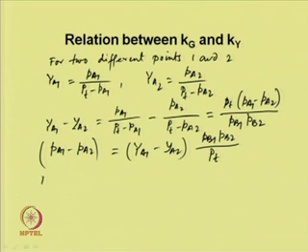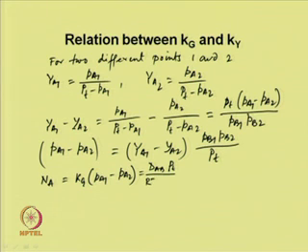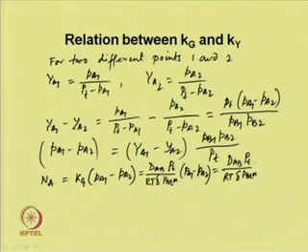Now, we know that flux Na is equal to Kg Pa1 minus Pa2 is equal to dAb Pt by RT delta Pb/Lm into Pa1 minus Pa2 is equal to dAb Pt by RT delta Pb/Lm into Ya1 minus Ya2 into Pb1 Pb2 divided by Pt.